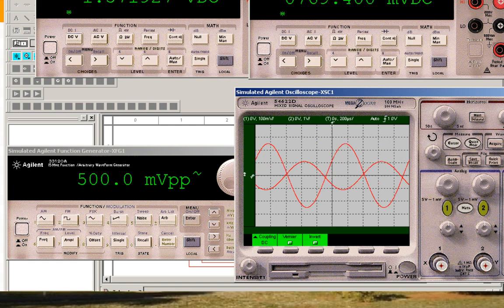So the input is that large curve, and let's see if we can just keep it there for a longer period of time here.